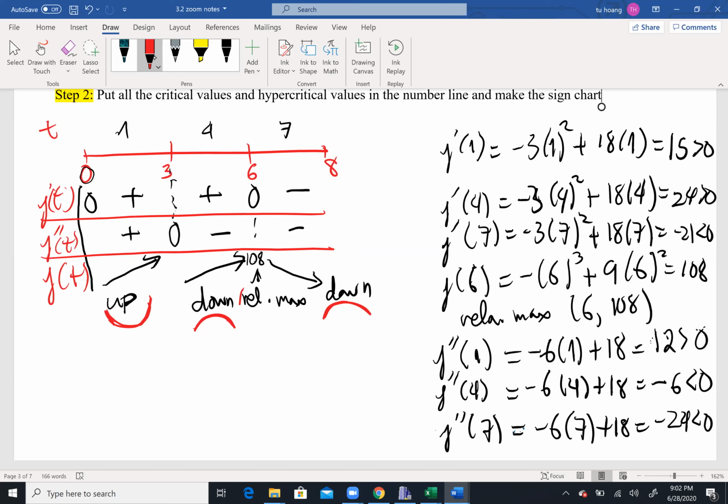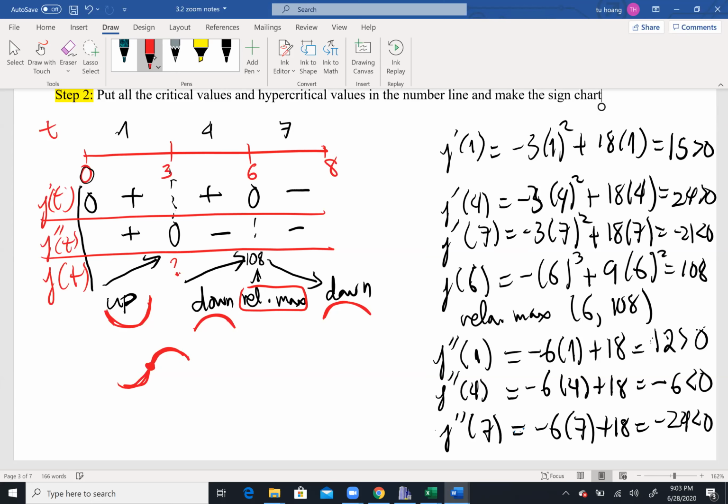Okay, so what happened at t equal to 3 here, right? You should know that if you have a function changing from concave up to concave down, right?